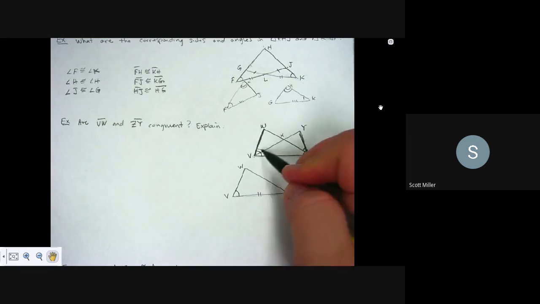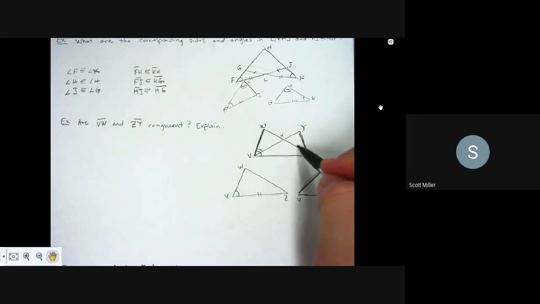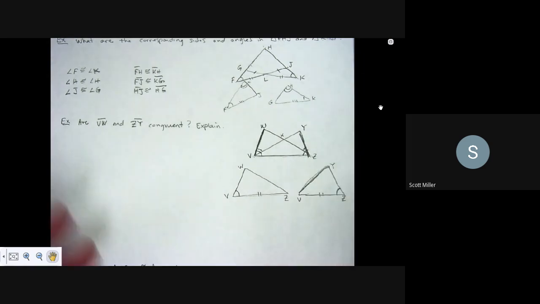I had this other angle they gave me, so this angle down here is congruent to this angle over here. So can I figure out some other side? Is there something else I can do to figure out something else that might give me some information that I would need? There's a couple ways we can do this.